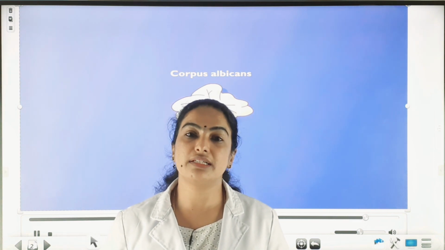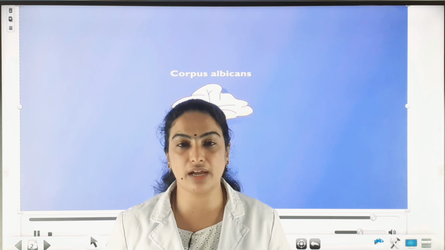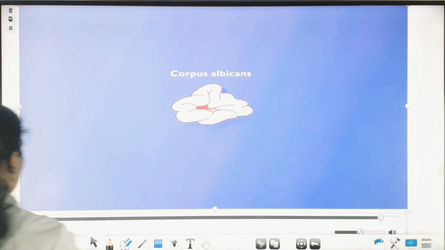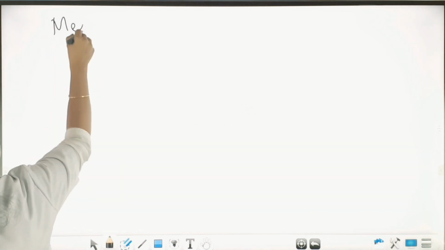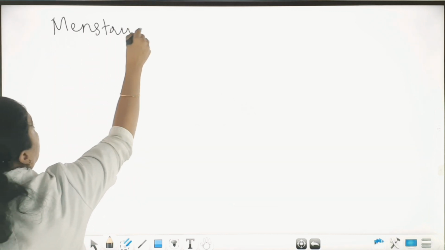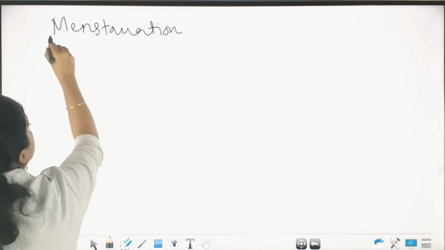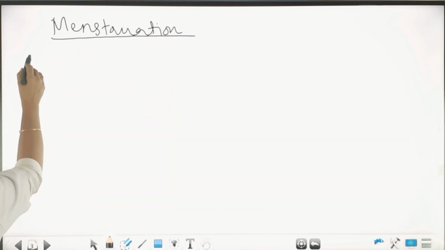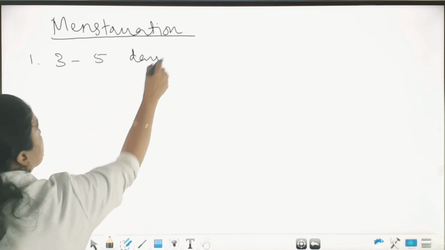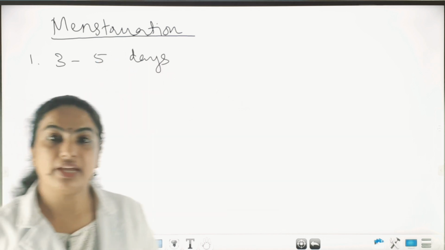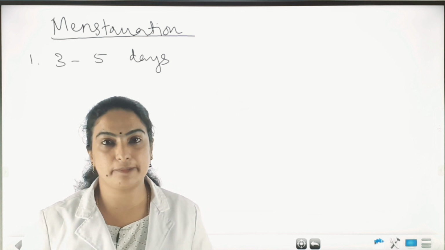Now we can see the different phases of menstrual cycle in detail. First we can see the menstruation phase. This menstruation phase lasts for 3 to 5 days. So let's see what are the events that occur in this phase.